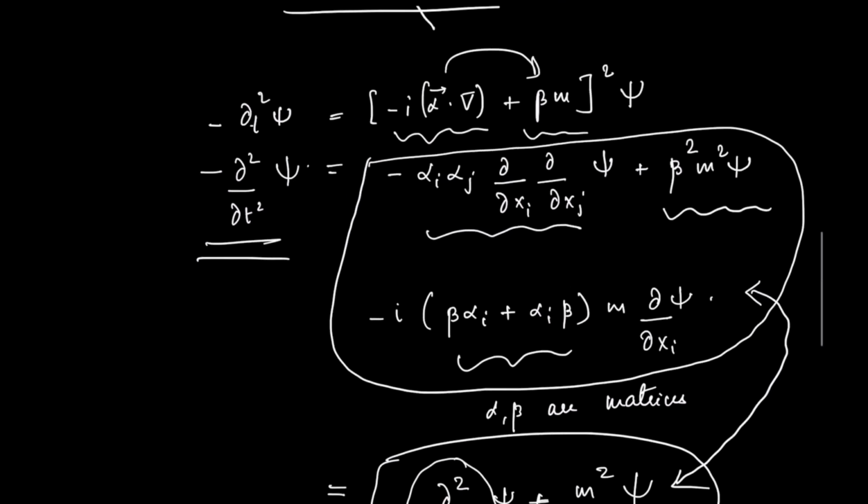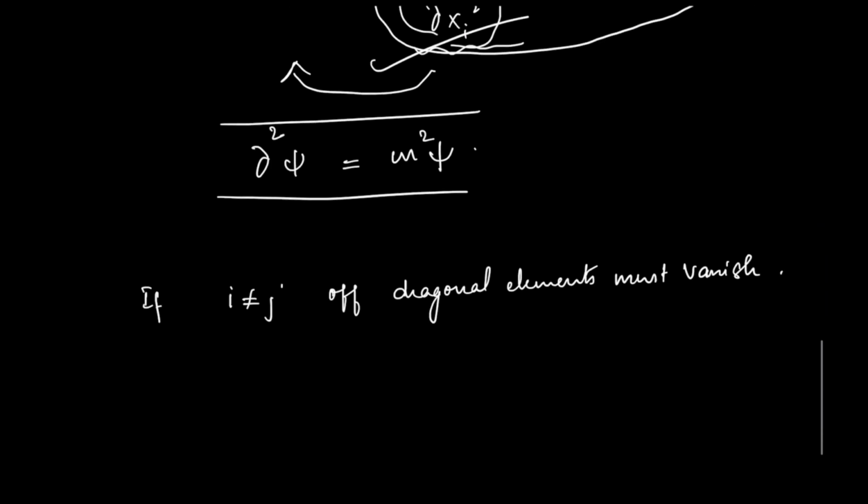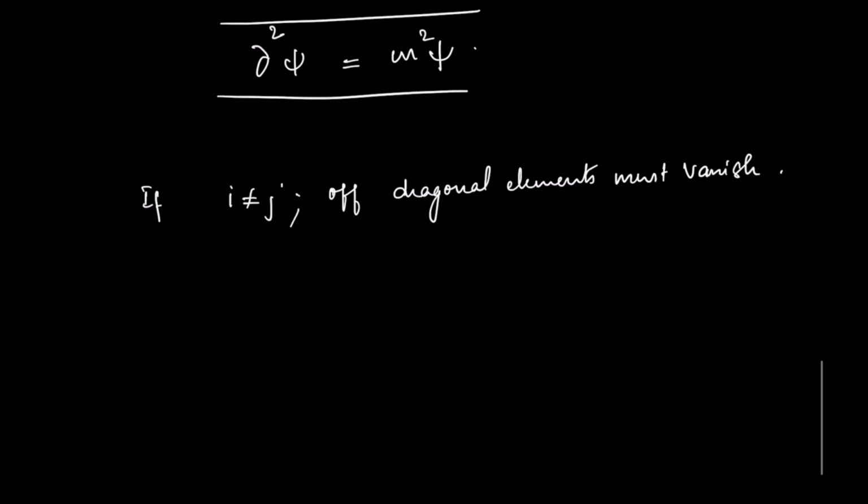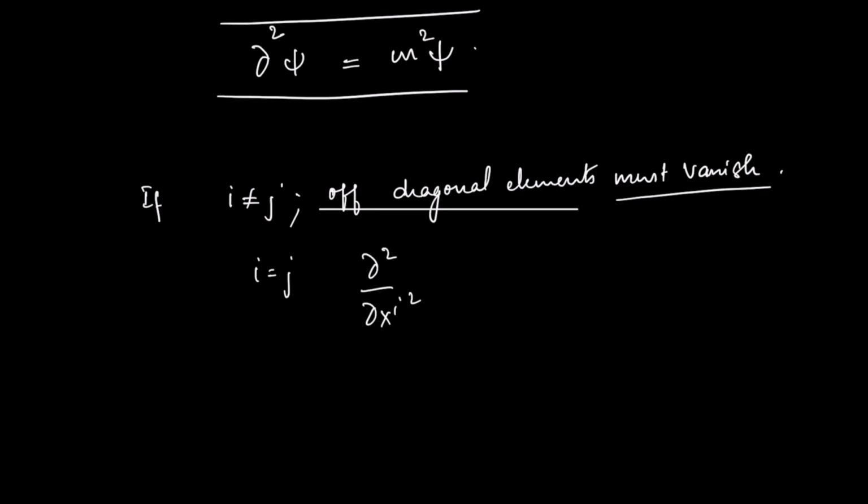So here you have xi xj, which means i equal to j is only present in the RHS. i not equal to j, that is off diagonal elements must vanish. Okay, and if i is equal to j, then you get partial xi square on the RHS.